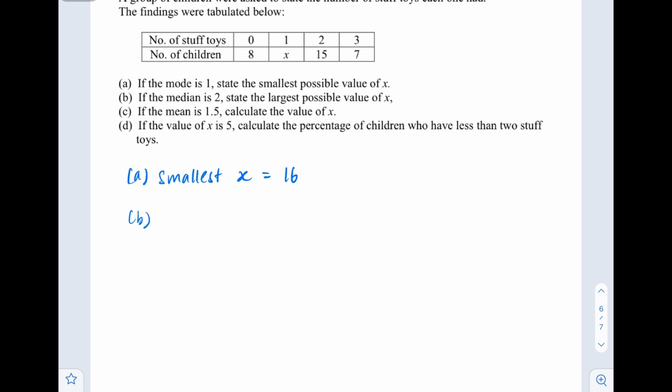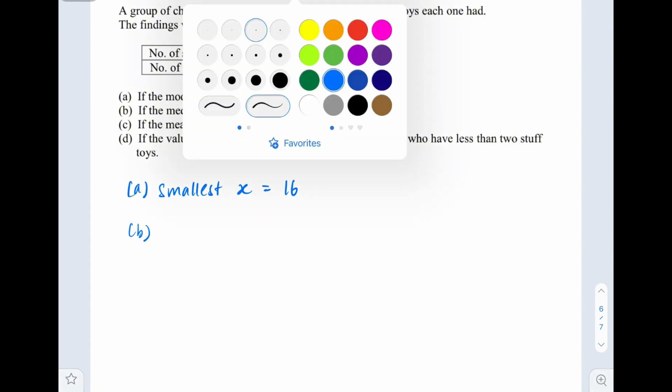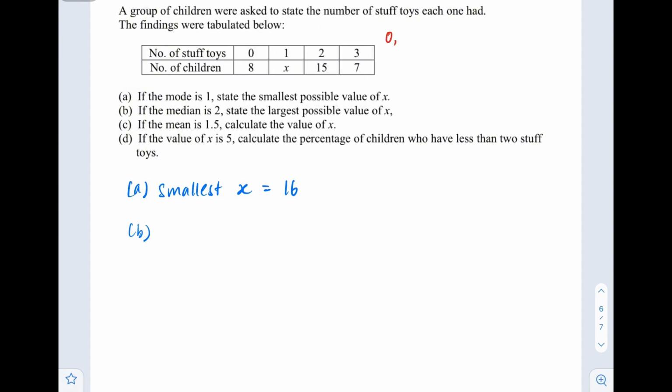It's trying to tell us that we have 8 zeros, altogether 8 of them, followed by X number of ones, followed by 2, 15 of them, and then followed by 3, 7 of them. So this is what the data set is trying to tell us.